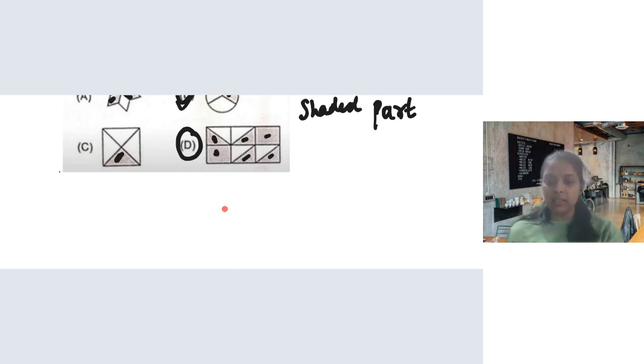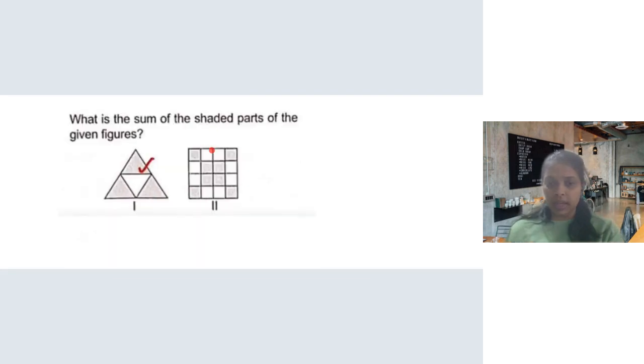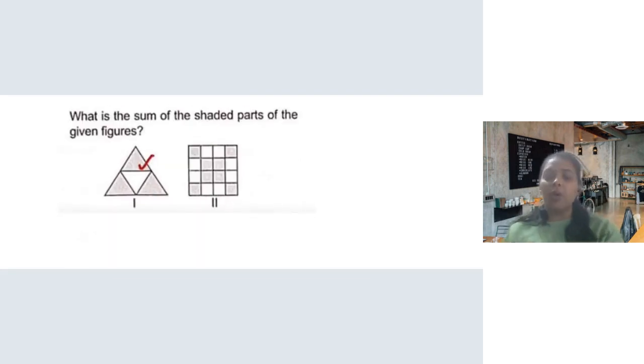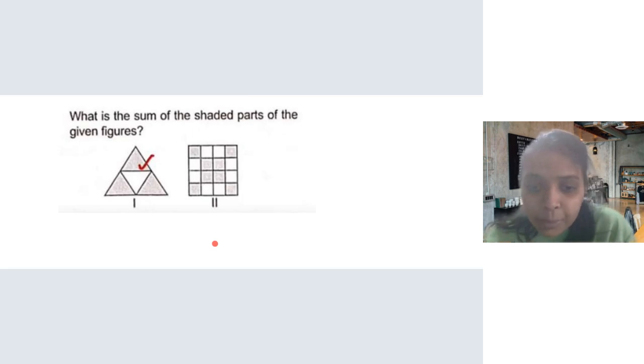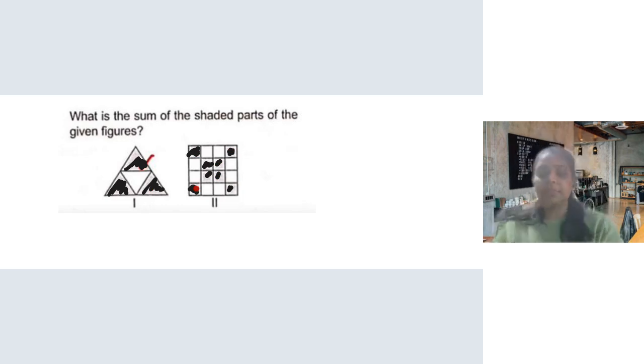Okay, let's try this one. What is the sum of the shaded parts in both of the figures? I'll just shade the parts for you so that it's clear. These are the shaded parts.